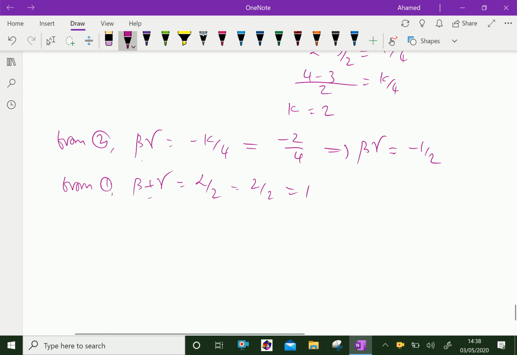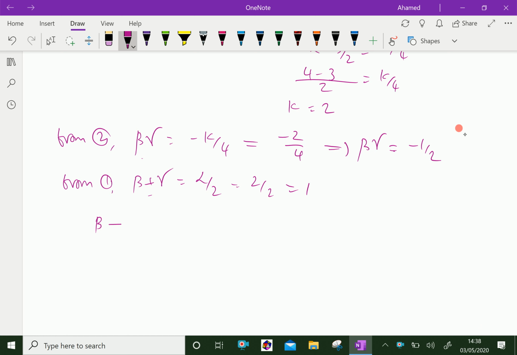From that we get beta into 1 minus beta equals minus 1 over 2, so 2 beta square minus 2 beta minus 1 equal 0.